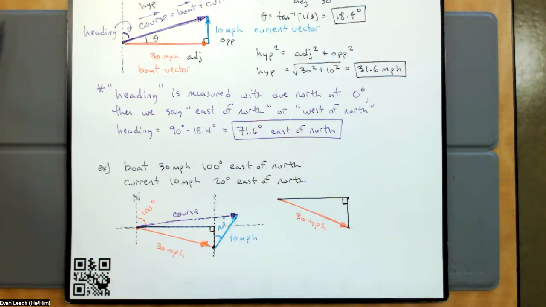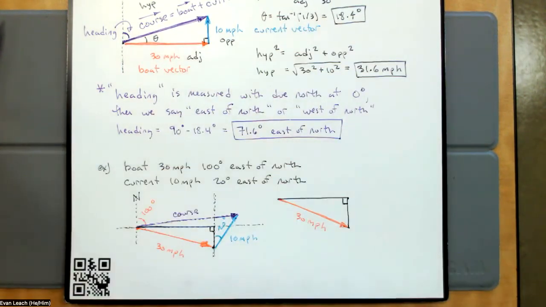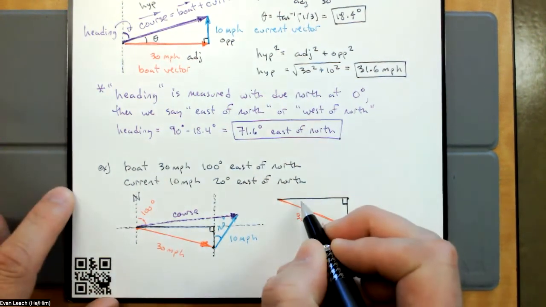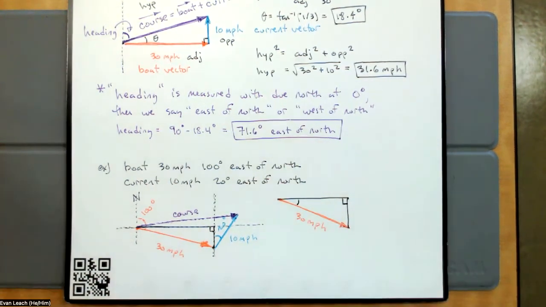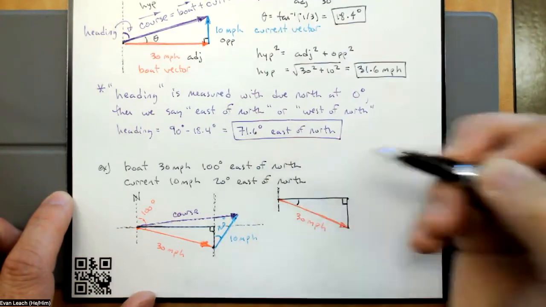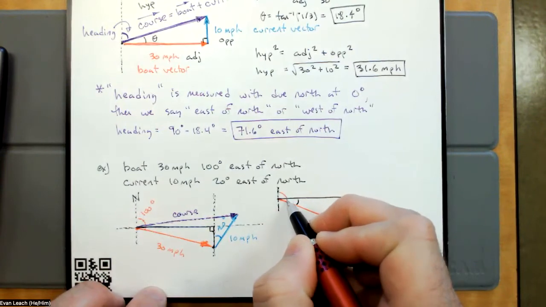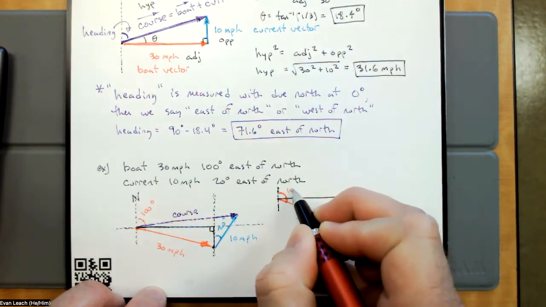Now, this 30 miles per hour is 100 degrees east of north. So here's north at 0, and we go 100 degrees towards the east. So we've gone past due east. How far past due east have we gone? What's this angle going to be in here? There's the vertical, there's due north. We've gone 100 degrees east of north.